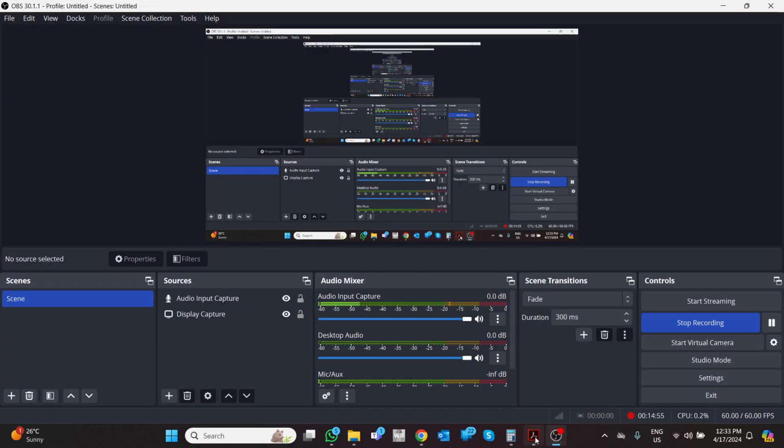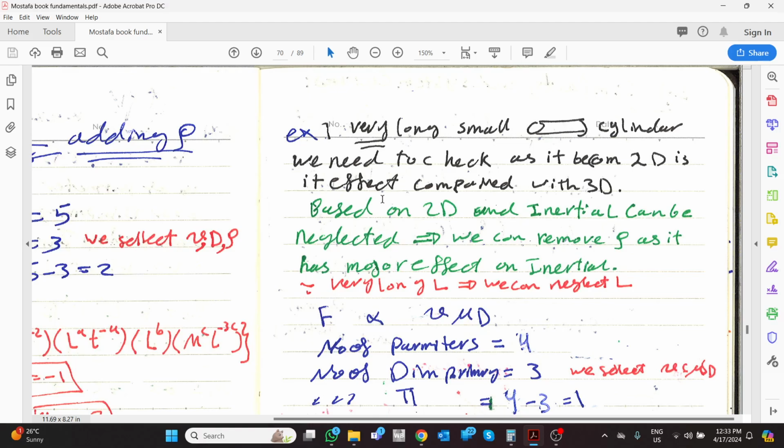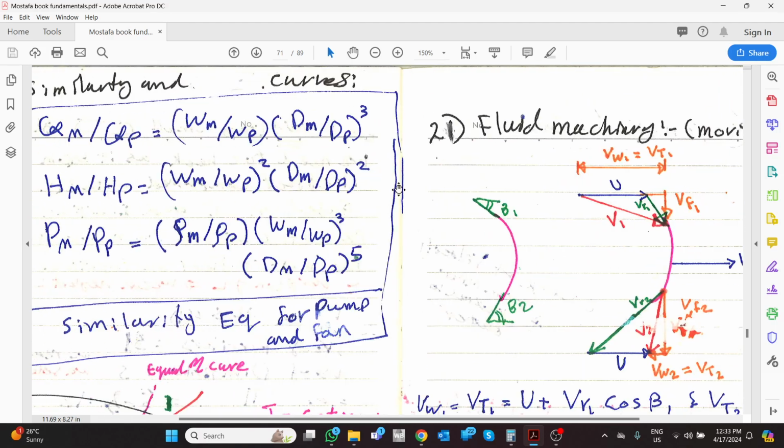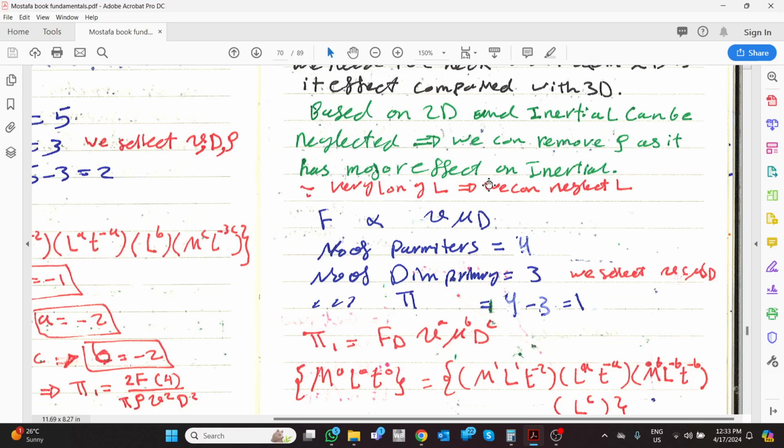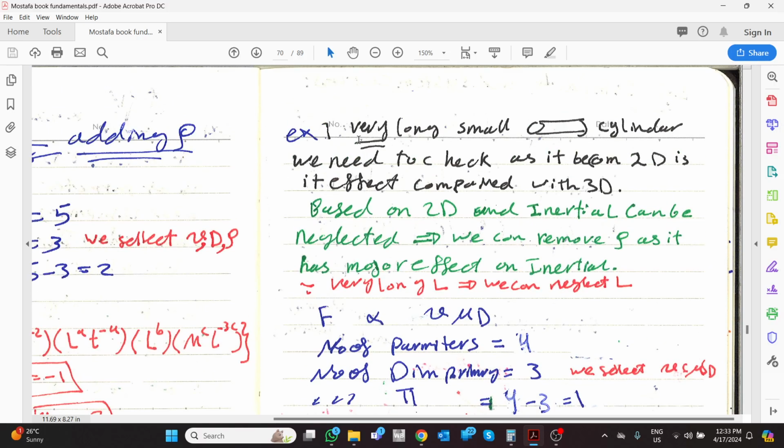So now let's return to the final example for the dimensionless analysis. There is a very long small cylinder. We need to check if it becomes 2D, does it affect the combined 3D?